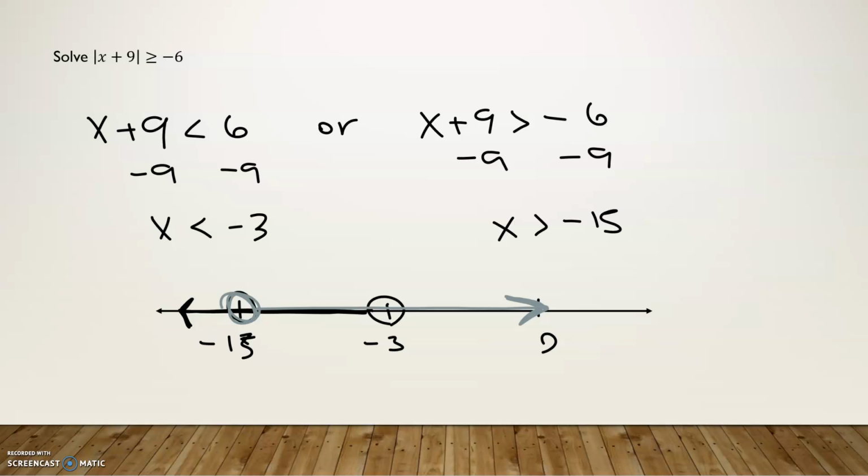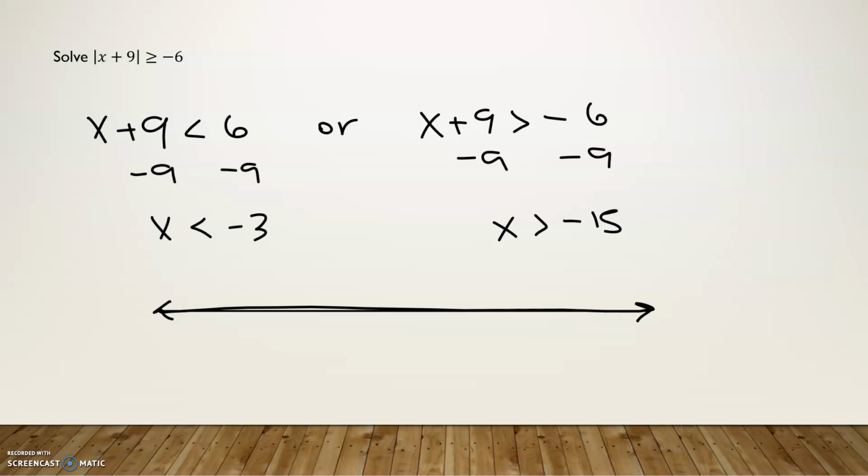Now, or is the union, so we're putting everything together. So really what it's comprising is the entire line graph here. So what we would write is, basically, we are saying this is the entire line graph.